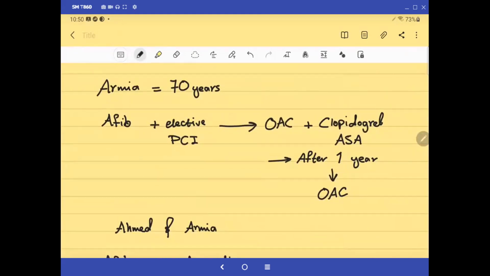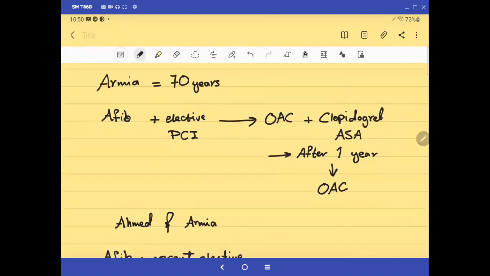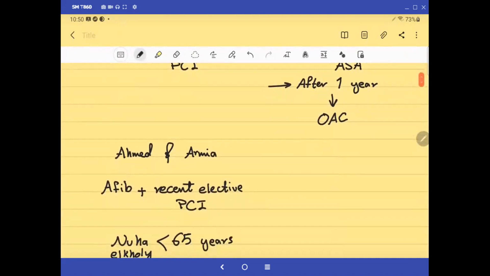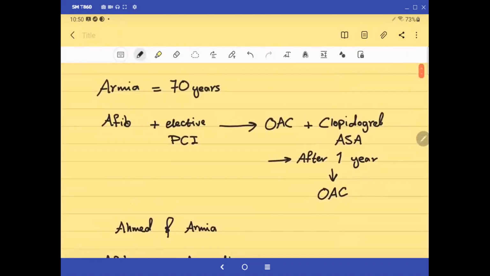There was no STEMI, no non-STEMI in case of Ahmed and Armia. In case of Ahmed, he was less than 65 years and his CHADS score was 0. This was the simplest case. Ahmed has taken aspirin and clopidogrel for 1 year, then stopped clopidogrel and stayed on aspirin.